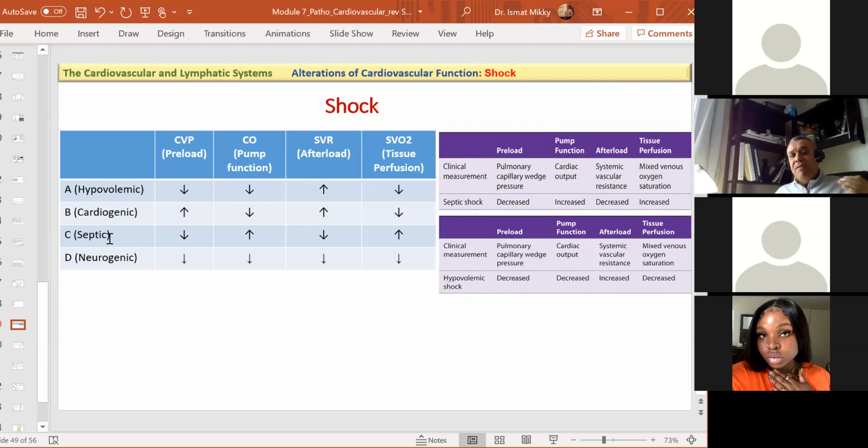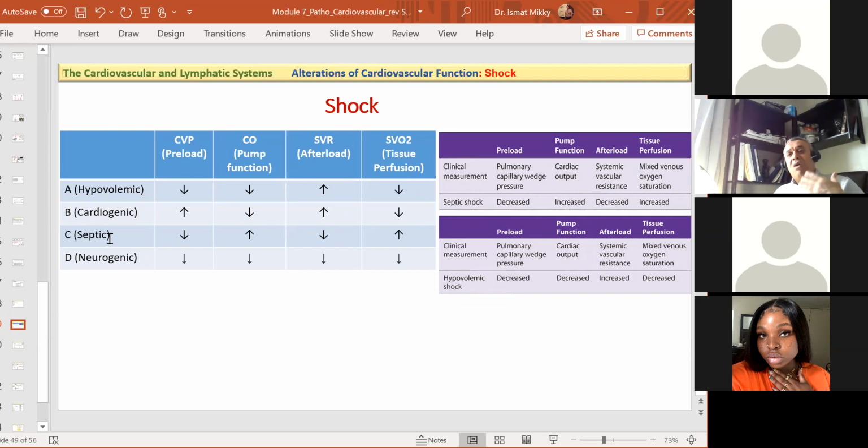The patients with hypovolemic shock didn't have enough fluids or blood, so that will result in a decreased preload, insufficient blood return to the right atria. With less blood coming to the right atria, less blood will be ejected from the left ventricle, so decreased cardiac output.